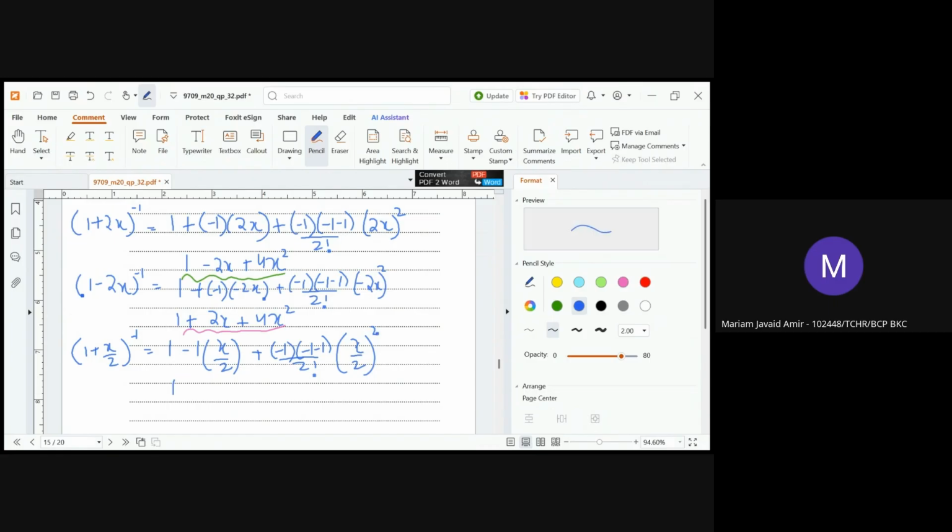This gives us 1 minus x over 2 and plus x squared over 4.